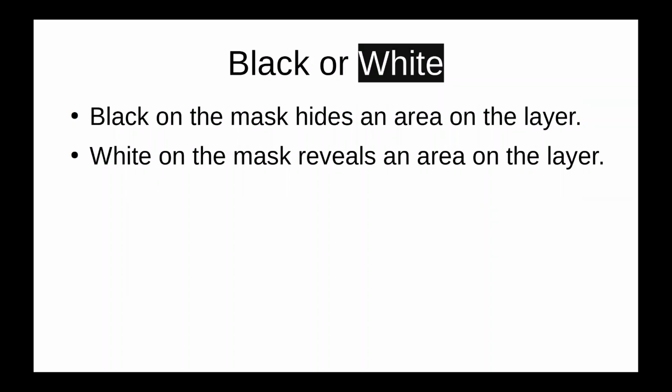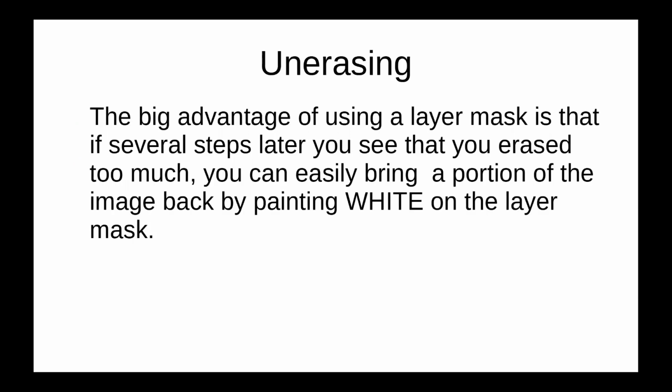When you create a mask and draw on it with black, the area is hidden. When you draw on it with white, it reveals the area. And this is all masking is: using black and white on a separate layer mask to hide and reveal what's on your layer, to punch through, if you will.